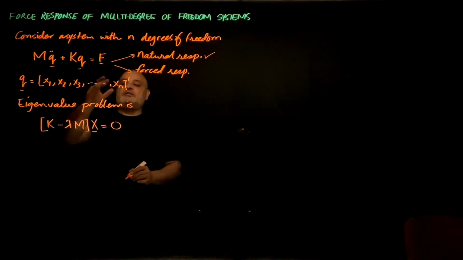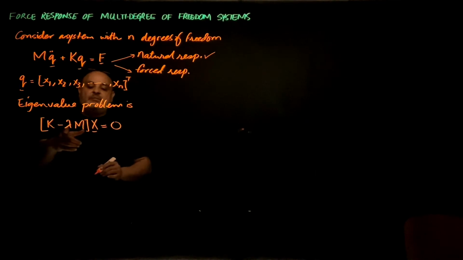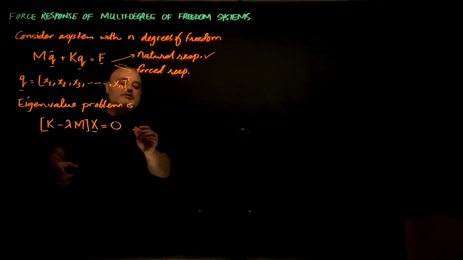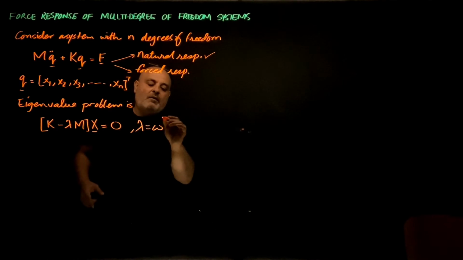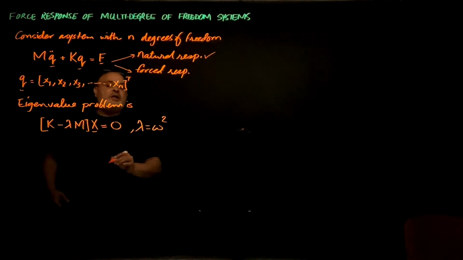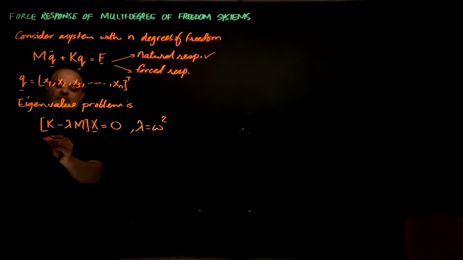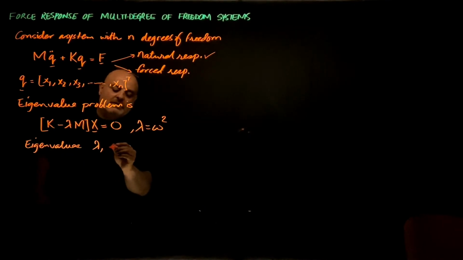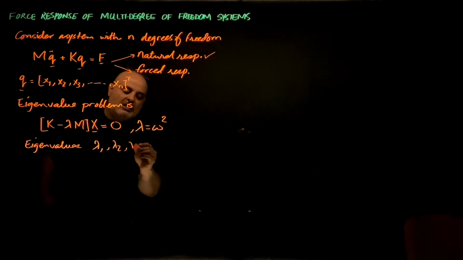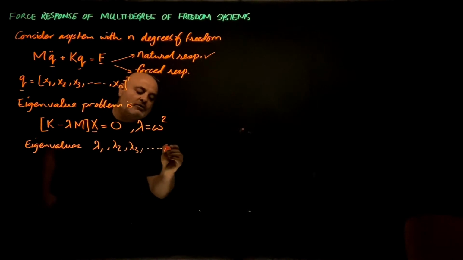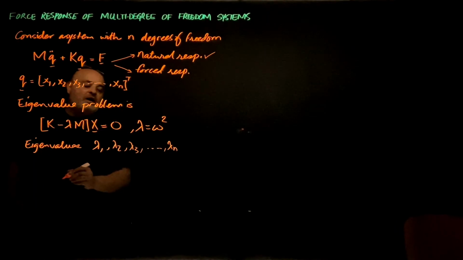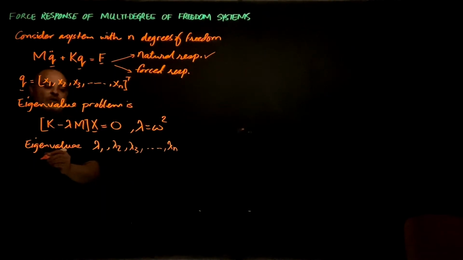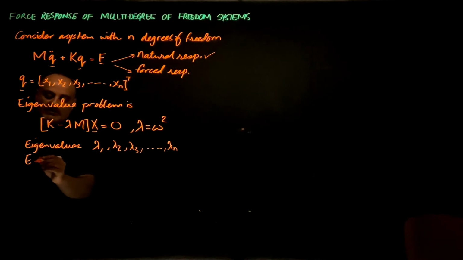K and m are the system matrices, and lambda is omega squared. Now this system will have n number of lambdas, will have the eigenvalues. Eigenvalues will be lambda 1, lambda 2, lambda 3, all the way to lambda n, and we'll have also n number of eigenvectors.